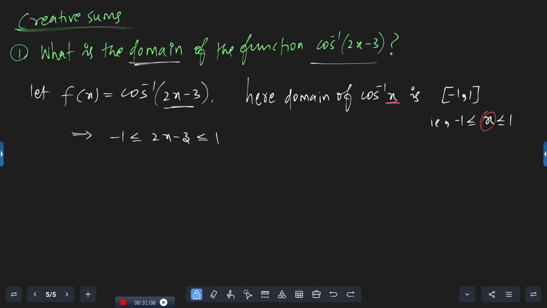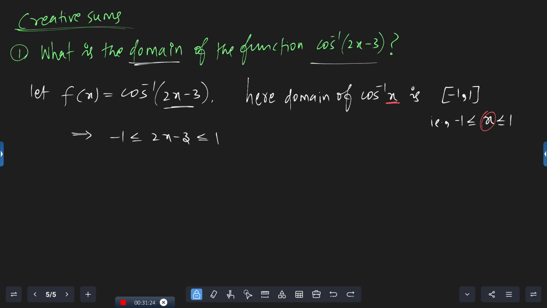This is the step you want to realize. Instead of x I'm replacing, that is, after cos inverse what we have here, that we have to give here. Understand? Now you have to simplify this.